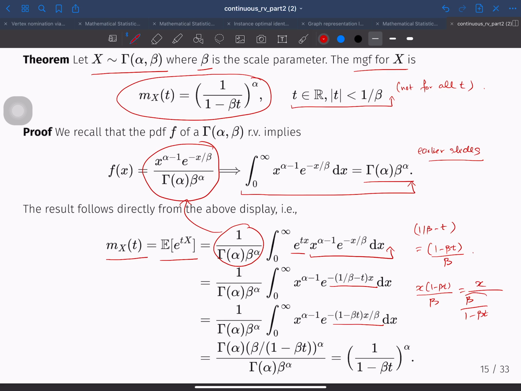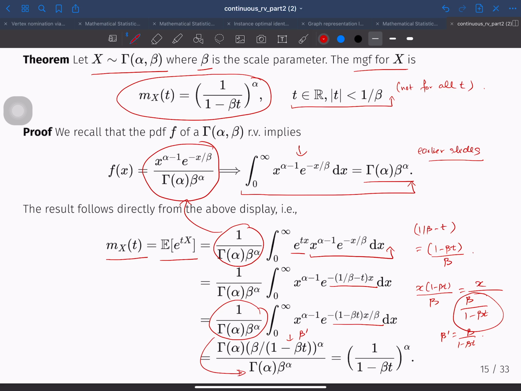But if we use that form, we see that by looking at this integral becoming gamma(alpha) beta^alpha, if beta prime becomes beta over (1 minus beta t), then that becomes this term here, which is beta prime. And so we have this term originally here, which is here.